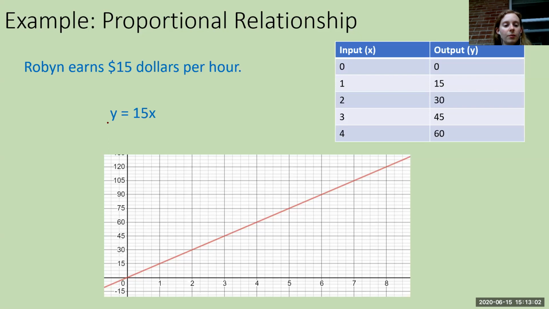We can say that Robin's total earnings are going to be equal to the hourly wage of $15 per hour times the number of hours that she works. So total earnings equal $15 per hour times the number of hours that she works. So here, this 15, this is our slope.